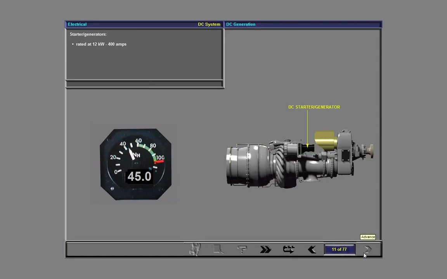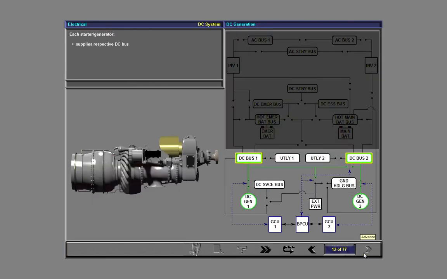The starter generators are rated at 12 kilowatts, 400 amps, for normal operation. The starter generator functions as a starter until 45% NH and as a generator at more than 61.5% NH. Each starter generator supplies its respective DC bus.